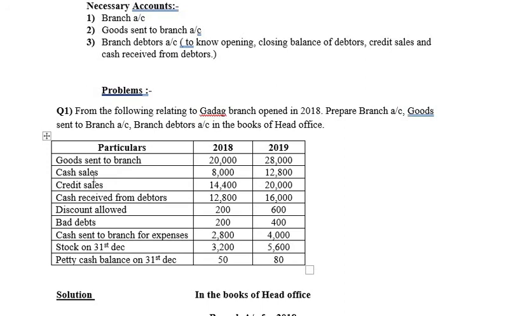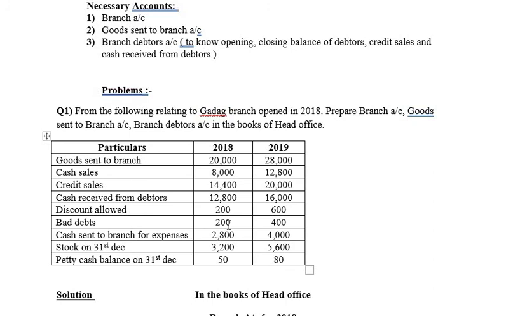Next, cash sales 8,000 and 12,800. Credit sales 14,400 and 20,000. Cash received from debtors 12,800 and 16,000. Discount allowed 200 and 600.